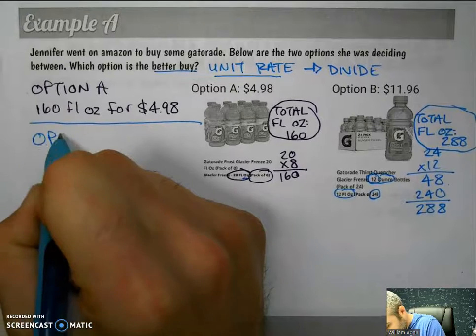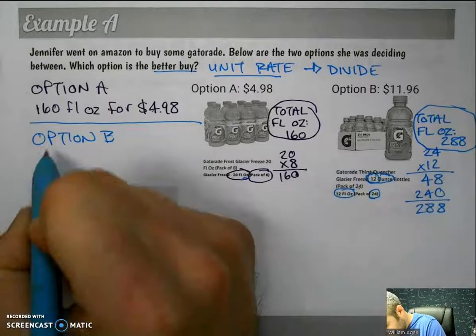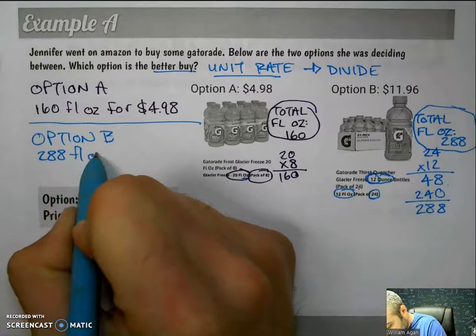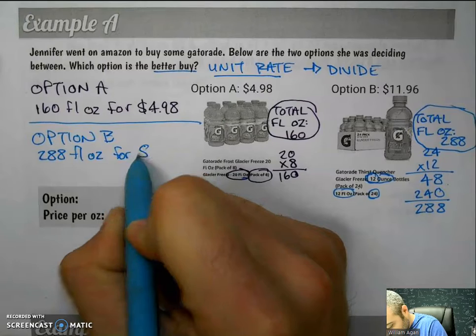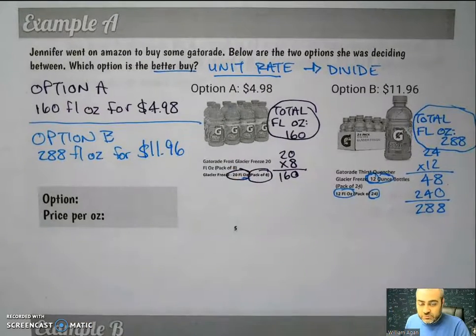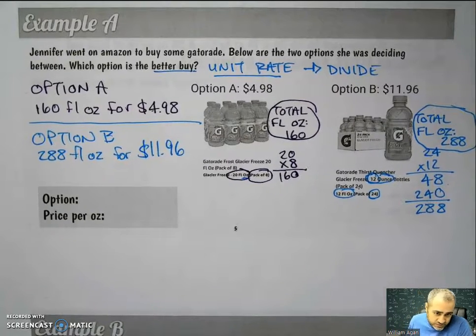Option B is 288 fluid ounces for $11.96. Now that we know that, we can find our unit rate. That was just a little step that we had to do first. We had to find out how many total fluid ounces there were in each one of these options.